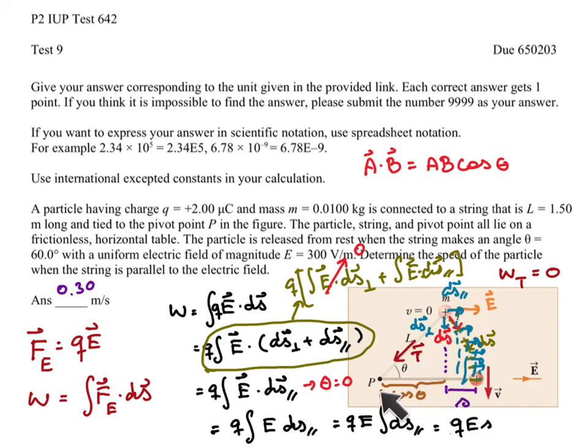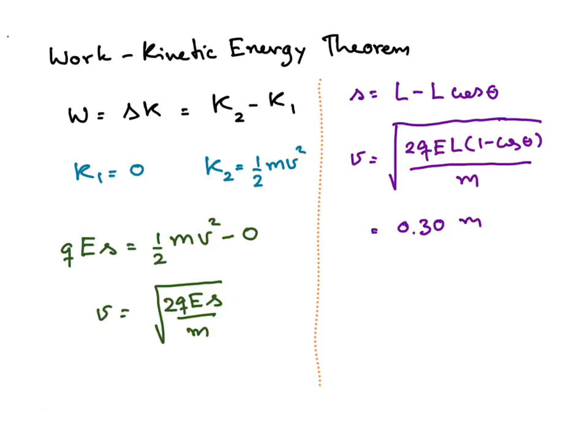So s is the difference of the total length L and the projection, which is L cos theta. So we have s equal to L minus L cos theta, or we can write this as L times (1 minus cos theta), right? So when we substitute this s into this formula, we have v equal to the square root of 2QEL(1 minus cos theta) over m.